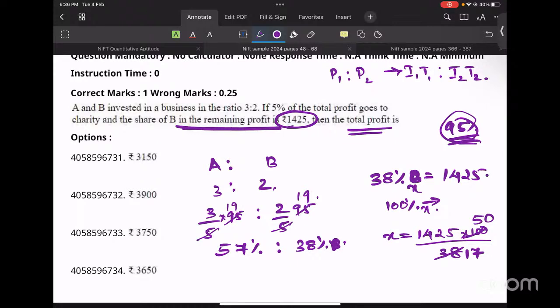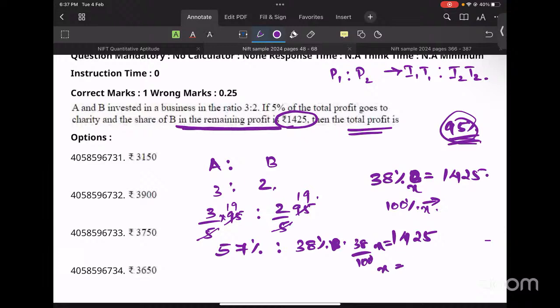Okay, so over here, 1425, 38 by 100 of x equal to 1425.